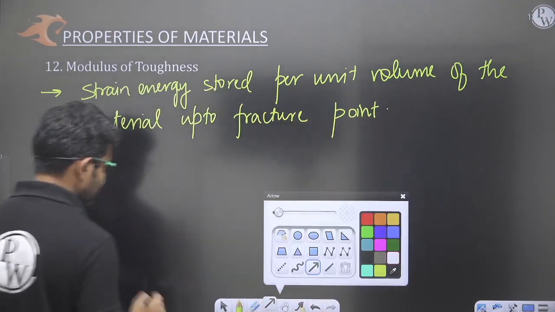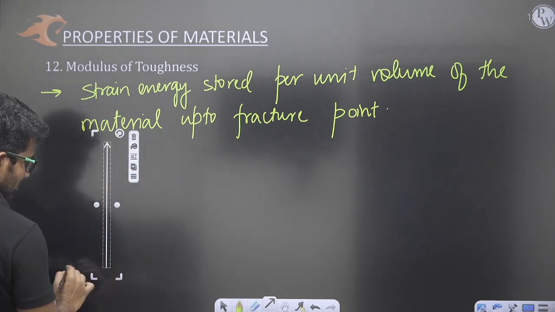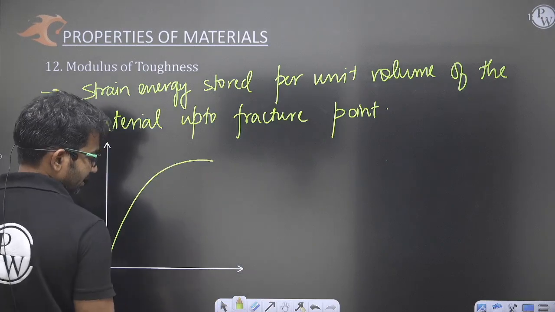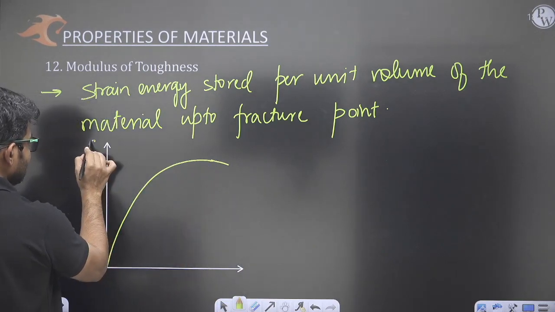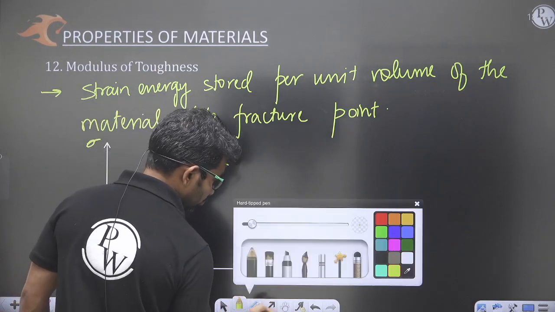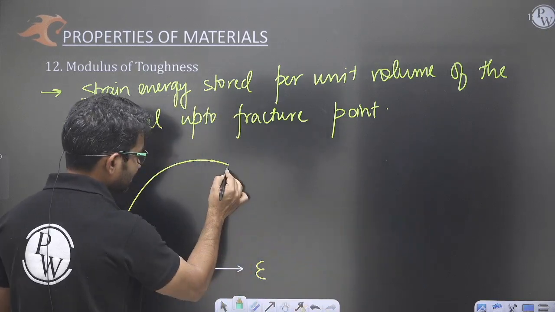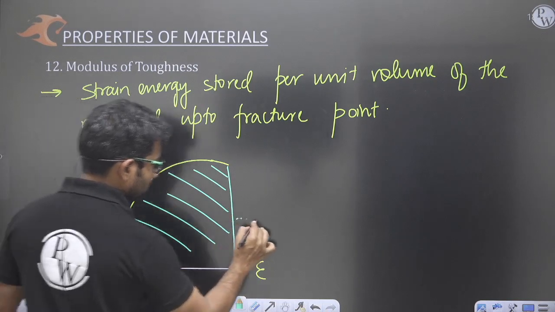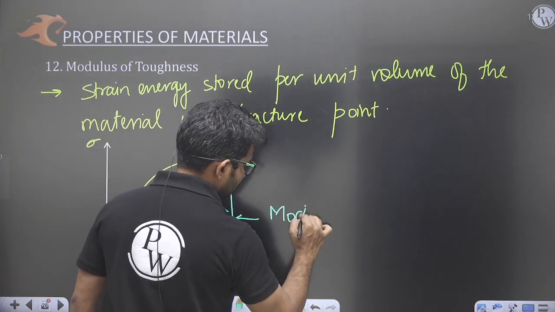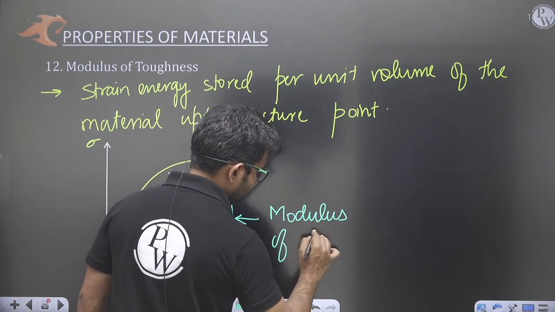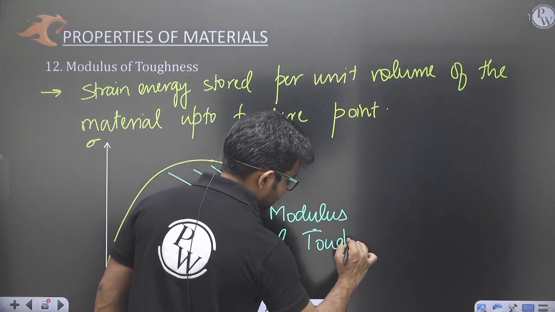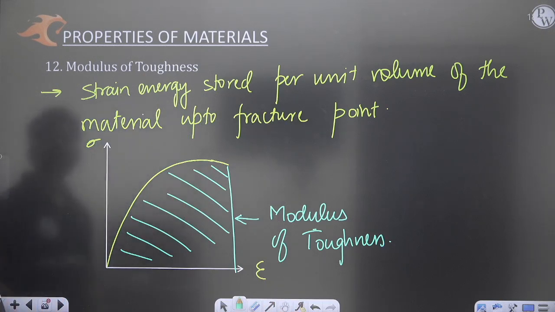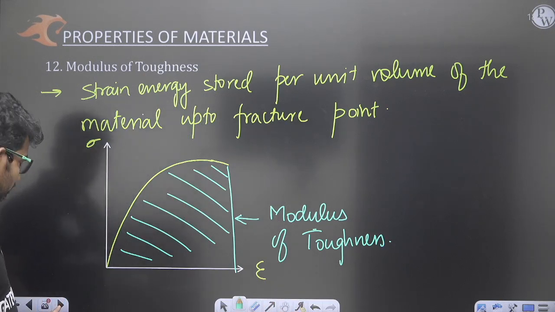In this case, the area under the stress strain curve will represent it. Let us say this is the stress, this is the strain. So the area under the stress strain curve will represent the modulus of toughness. This area will be the modulus of toughness. So modulus of toughness is also clear.